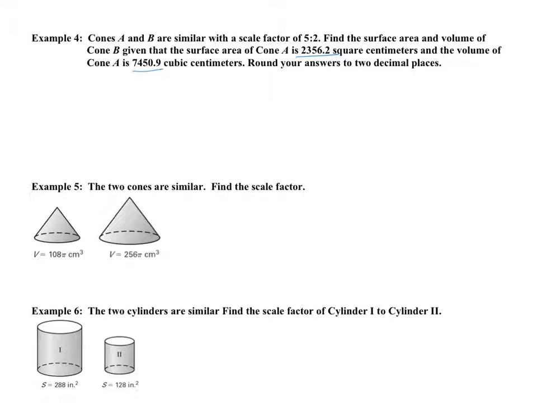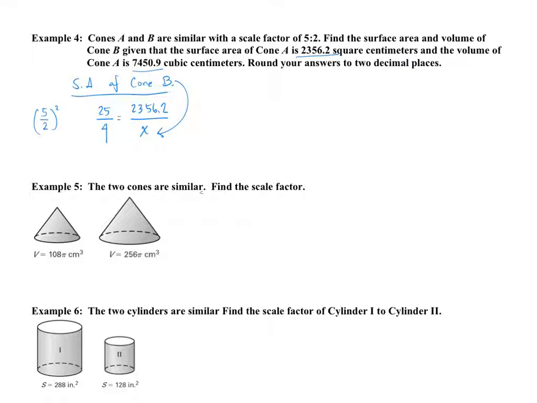So I can go ahead for surface area of cone B. I have to take 5 over 2 and square it. So 25 to 4. And the surface area of cone A is 2356.2. I'm going to use x to represent my surface area of cone B.